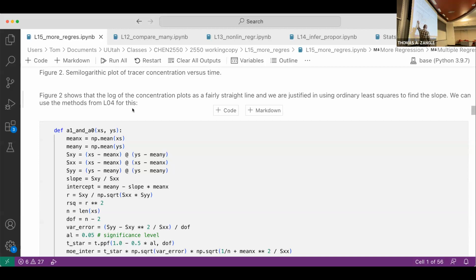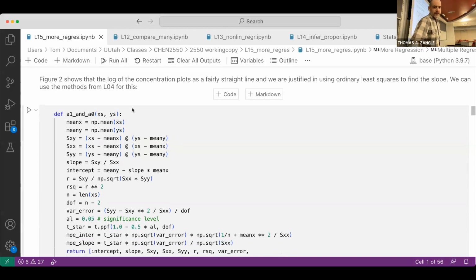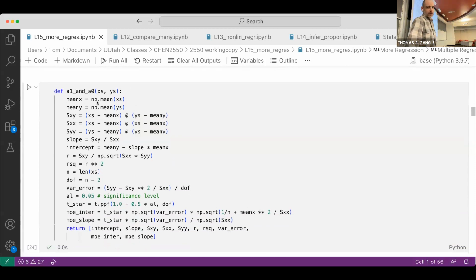This is really just copied out of your lecture 4 notes on least squares linear fitting. It's the same function that we defined in those notes that allows us to find the slope and margin of error on the slope, essentially by computing SXY, SXX, and SYY.